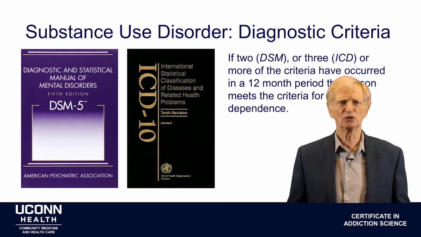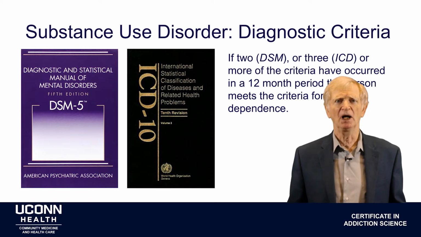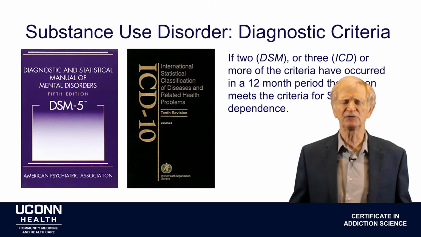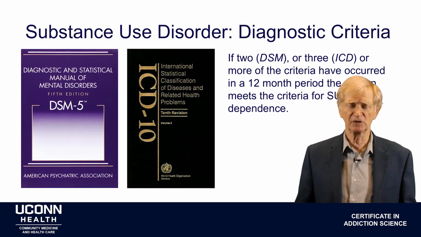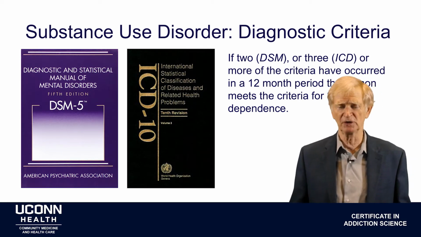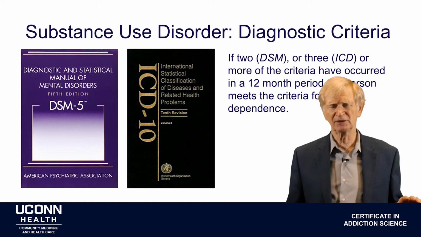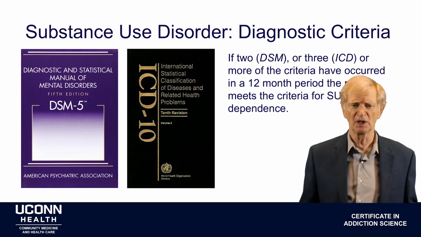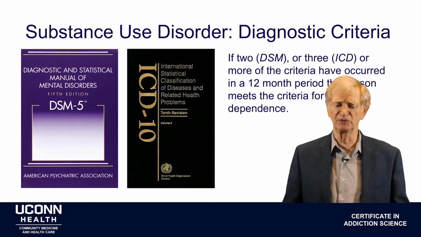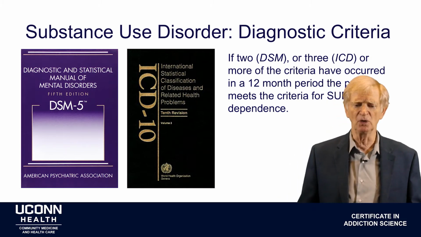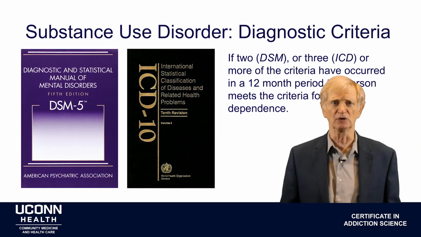So these two systems have different ways of estimating substance use disorders when it's present or absent. And it depends on the number of symptoms that people report or the number of symptoms that are observed in a clinical interview by a trained clinician.